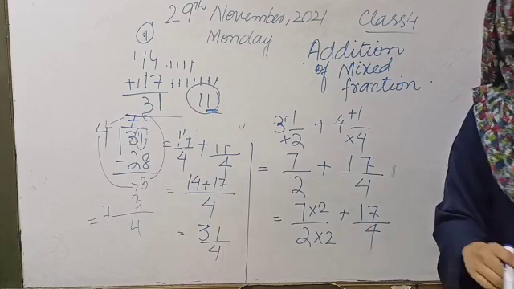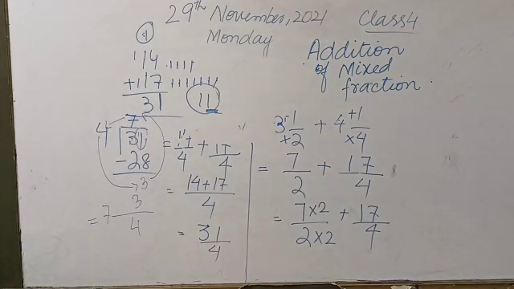So 7 3 by 4 is the answer. We will read as 7 3 by 4. So class, this is all which is related to addition of mixed fraction. ठीक है? Now in this class, in this lesson, we also discussed subtraction involving mixed fraction. Now let's take one example of it.